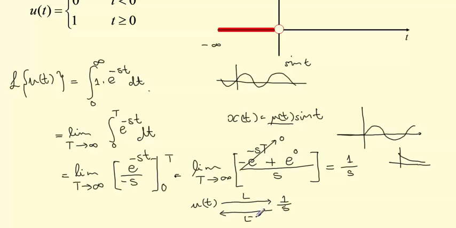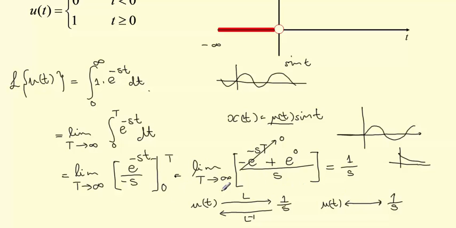Normally we would abbreviate this by writing u(t), the unit step function, with a two-sided arrow and 1 over s, which is the Laplace transform of that.